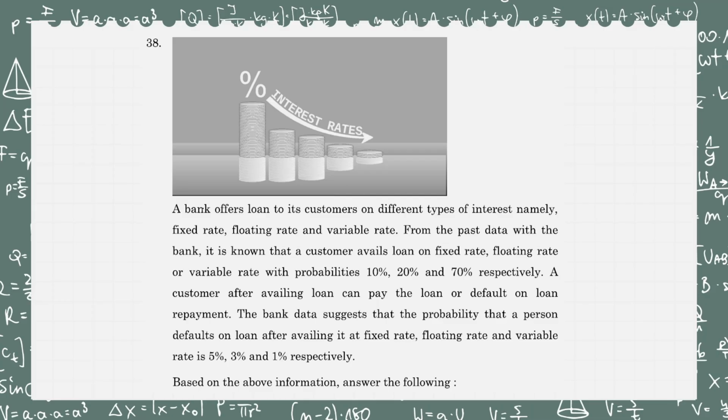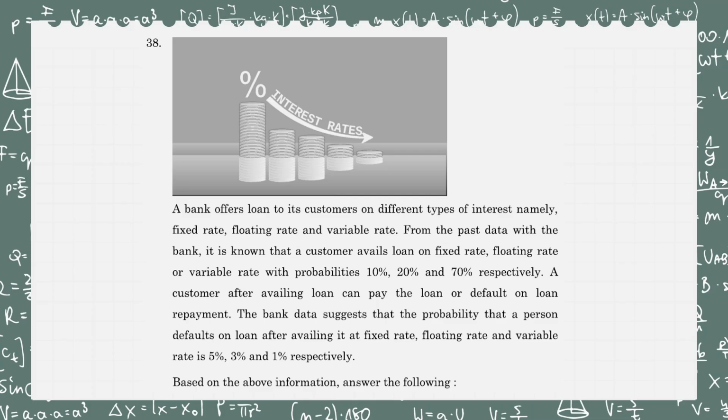Let's read the question. A bank offers loan to its customers on different types of interest, namely fixed rate, floating rate and variable rate. From the past data with the bank, it is known that a customer avails loan on fixed rate, floating rate or variable rate with probabilities 10%, 20% and 70% respectively.